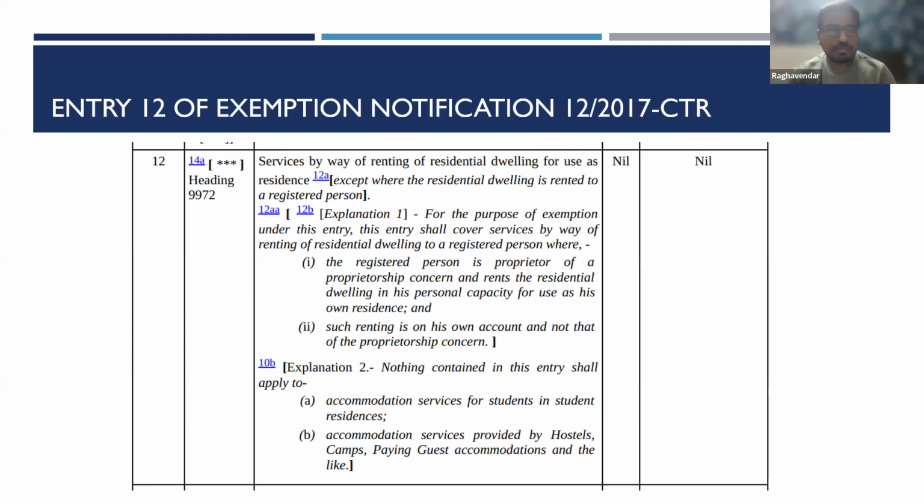So entry number 12 reads as services by way of renting of residential dwelling. For the purpose of checking this entry, we need to see what is the actual use of the property by the tenant.